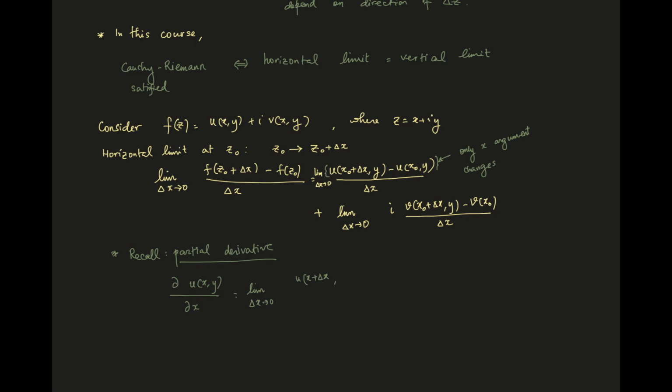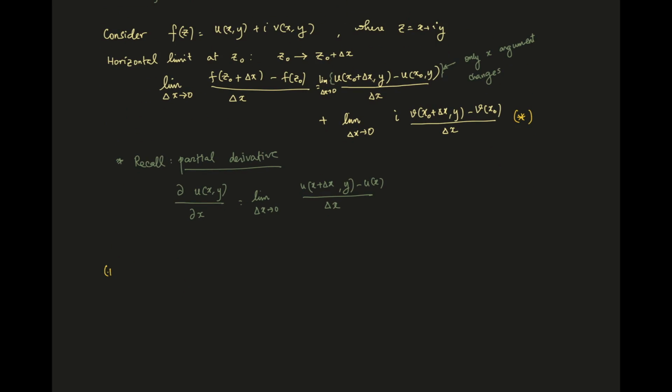Let's take a quick detour and remind ourselves of partial derivatives. For a function u, the partial derivative of u with respect to x is simply the rate of change of this function when you change the x coordinate.